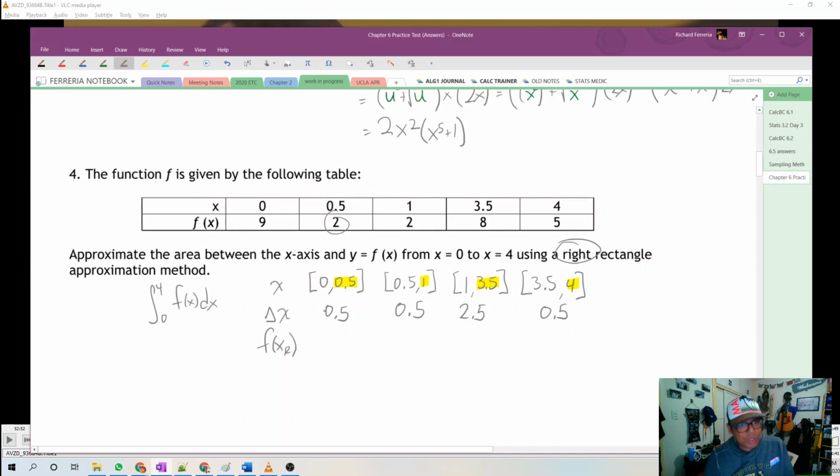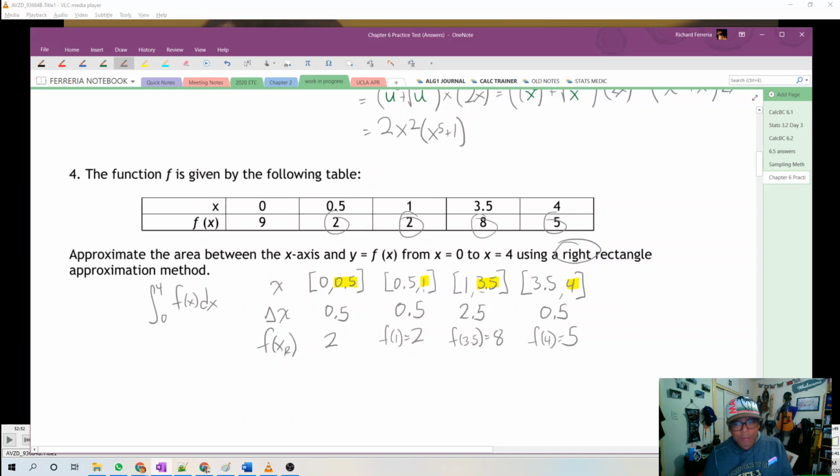That is 2. Next interval, what is f of 1? f of 1 is also 2. Next interval, what is f of 3.5? Well, f of 3.5 is 8. And what is f of 4? Well, it's 5.